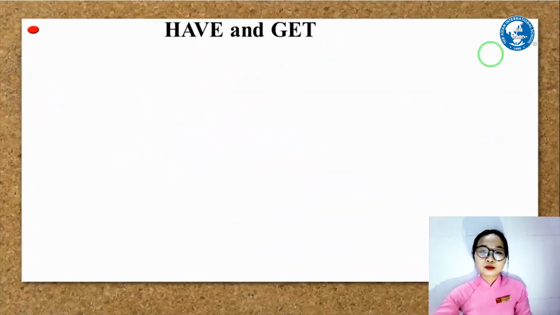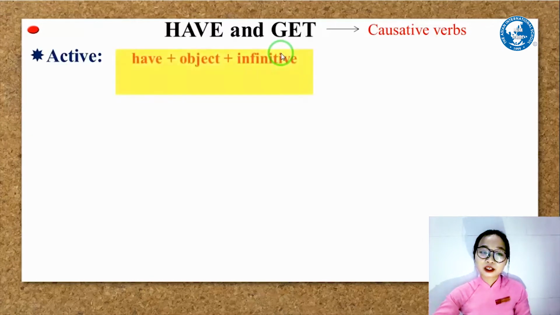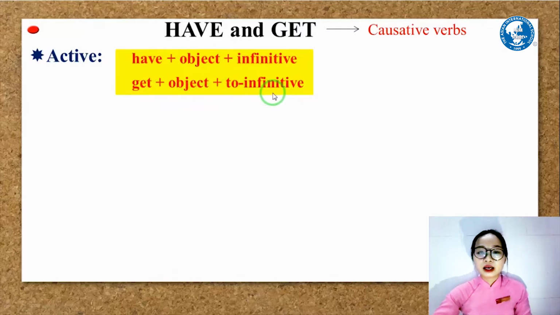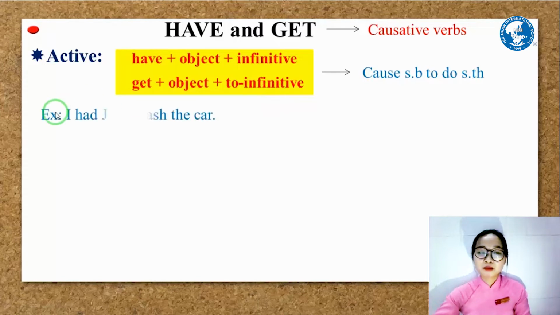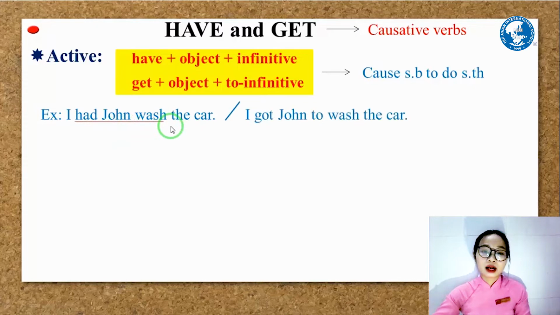And in today's lesson, we also learned some causative verbs in passive voice, and the first two verbs are have and get. In active voice, you know that have goes with object and infinitive, and get goes with object and to infinitive. Both of them mean cause somebody to do something. For example, I had Tran wash the car, or I got Tran to wash the car.